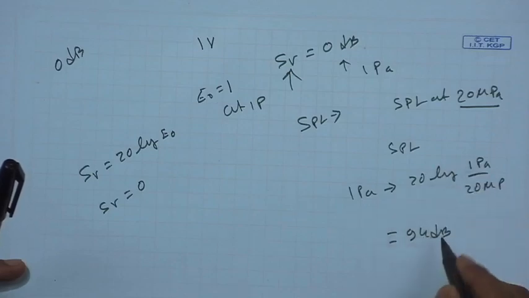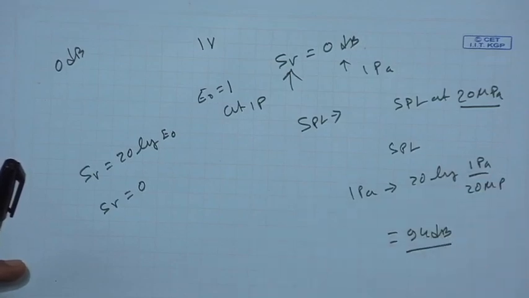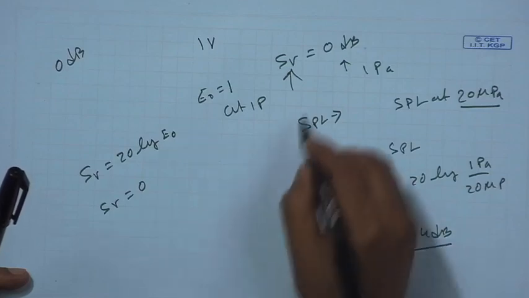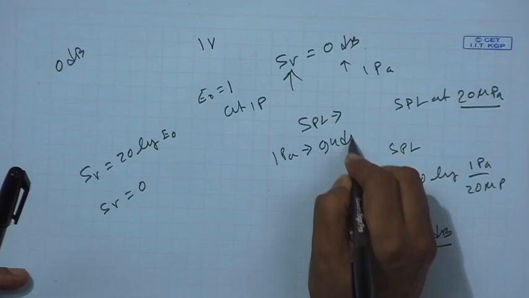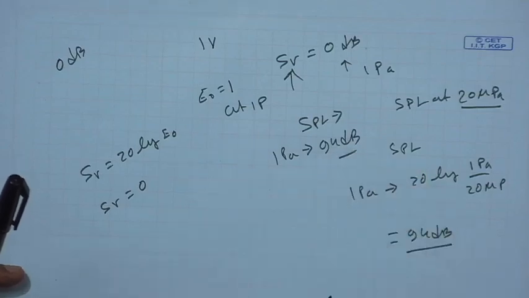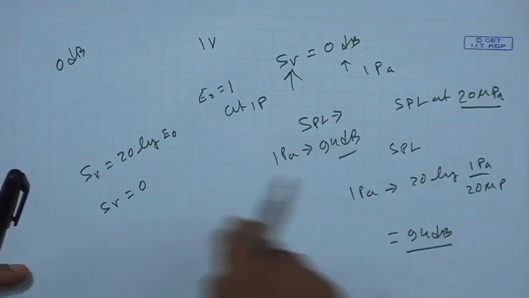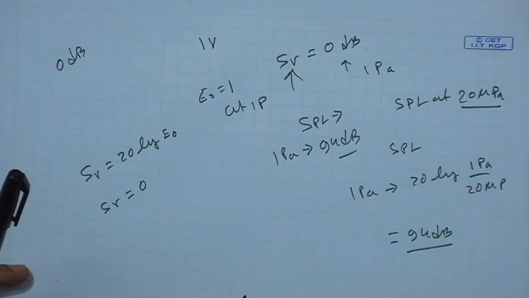If you calculate that mathematics, it will come to almost 94 dB. So, 1 Pascal sound pressure is 94 dB SPL, and in 1 Pascal it produces E0 voltage.